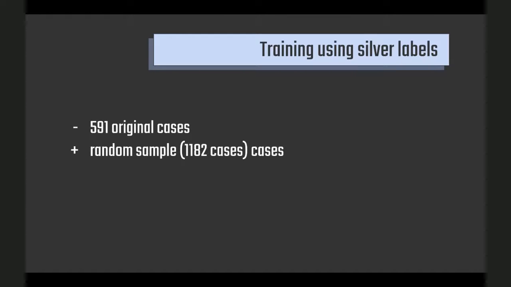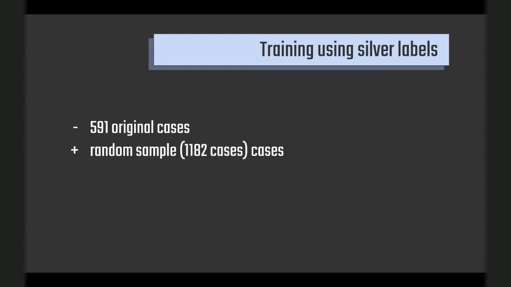So what we decided to do is use so-called silver labels. The problem in our data set is that we have the 591 cases that we know are eviction cases, but about all the other cases, we don't know whether they are eviction related or not. So basically, we have this large pool of 5,000 cases in which we really don't know what those cases are.